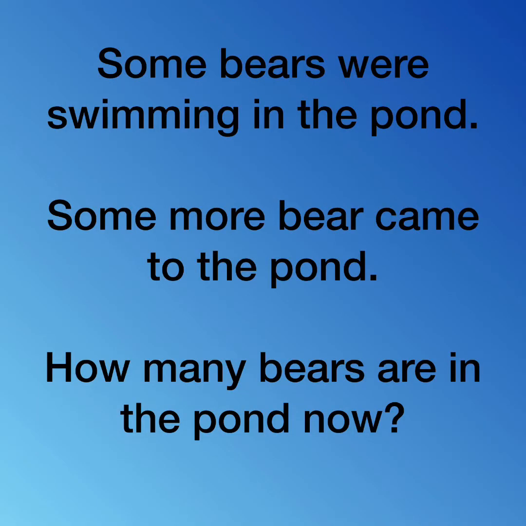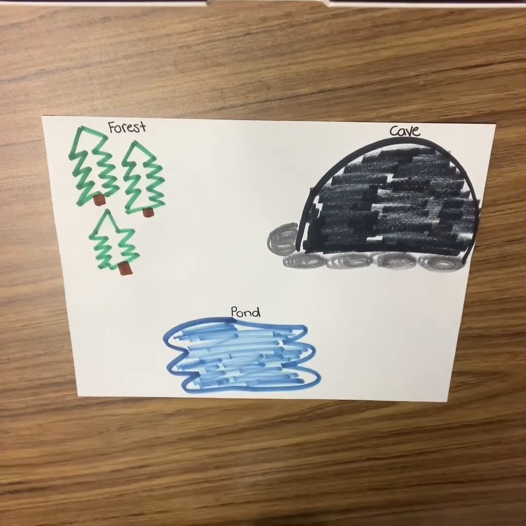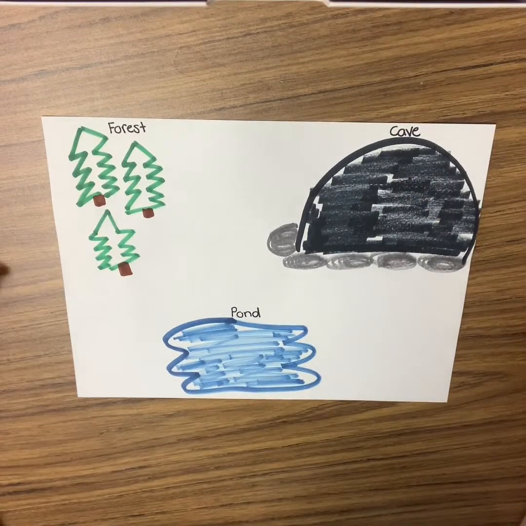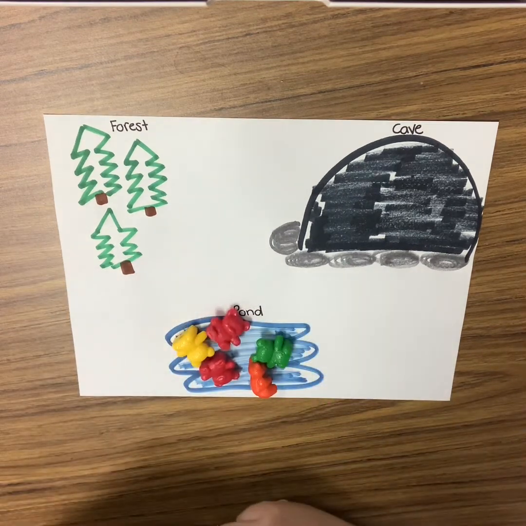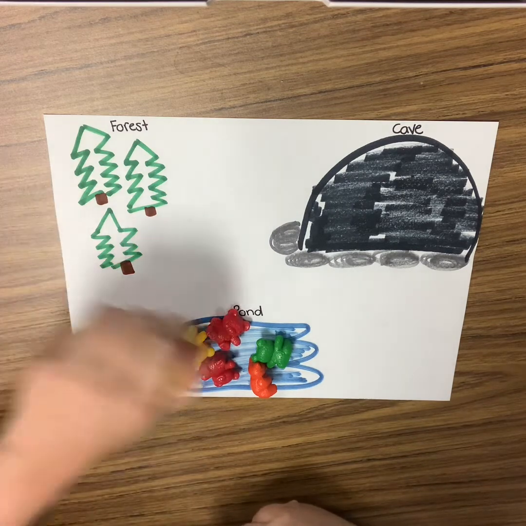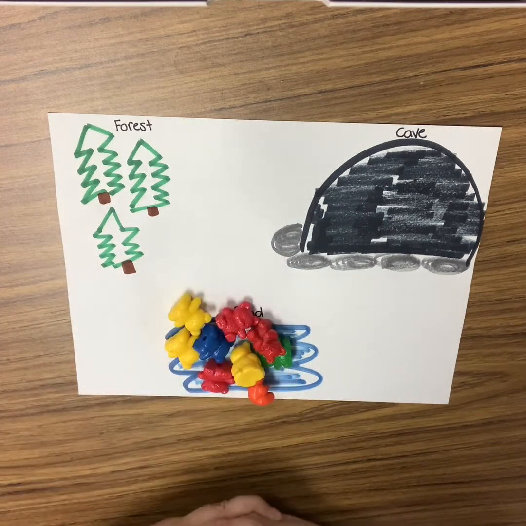Let's try another question. Some bears were swimming in the pond. Some more bears came to the pond. How many bears are in the pond now? Okay, let's think about what happened. There were some bears swimming in the pond. And then some more bears came to the pond. How are you going to solve this problem?